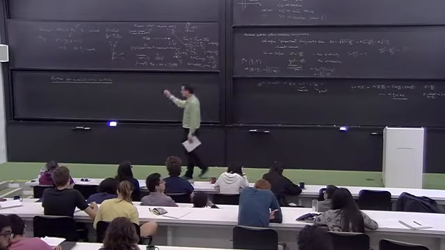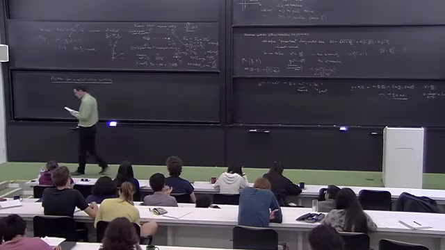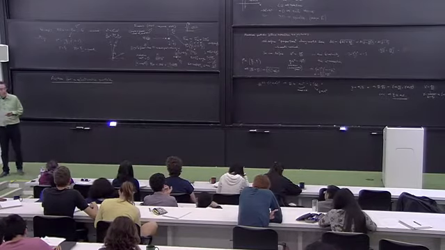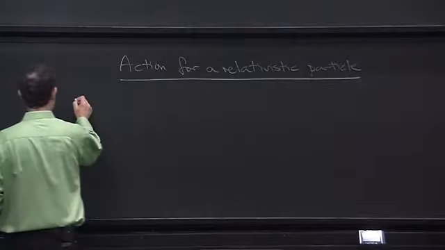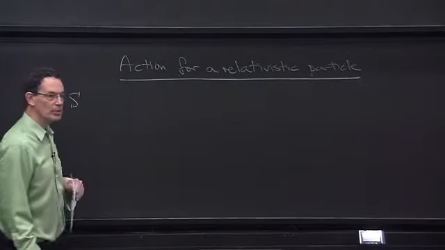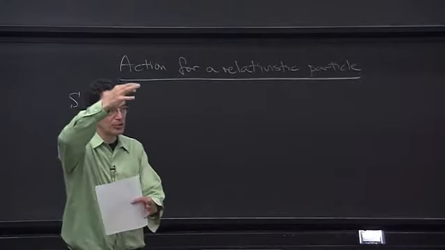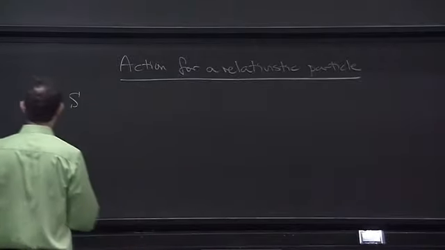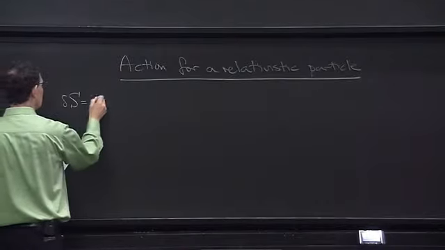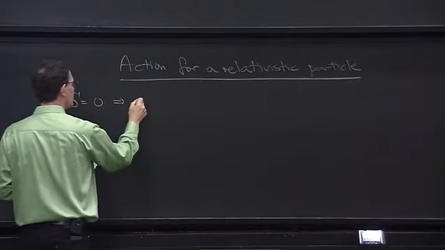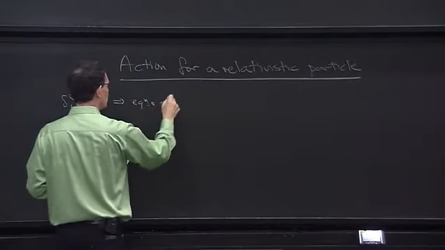Let's just say we want to derive the action for a relativistic particle. So what's the point about the action? Well, the point of the action is a variational principle, some function of the dynamical trajectory, whose variation being 0 gives the equations of motion.